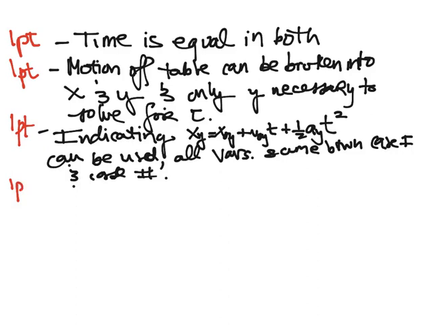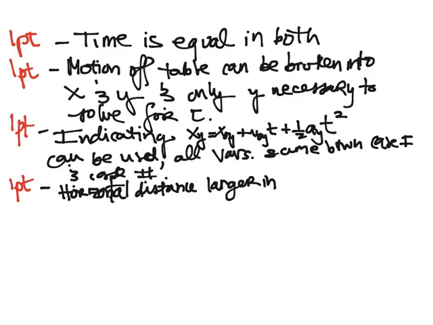In terms of the distance, you get 1 point for saying the horizontal distance is larger in case 2.